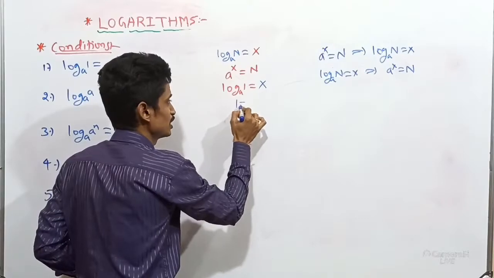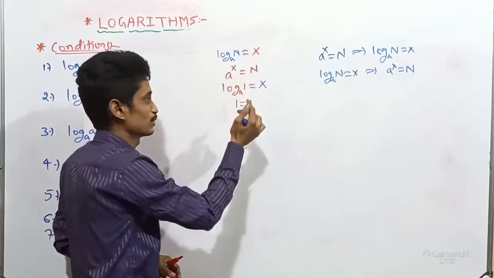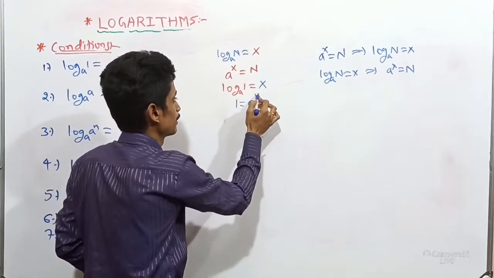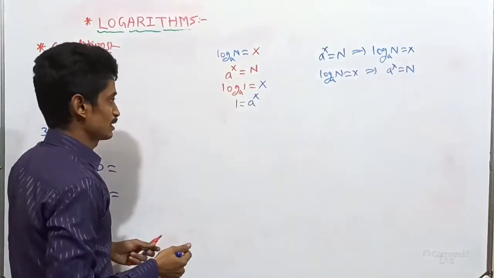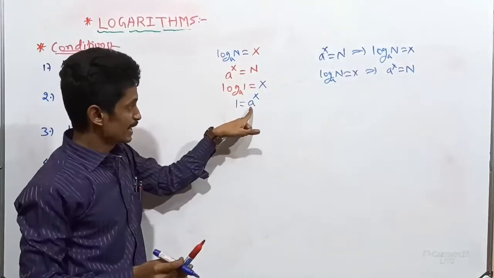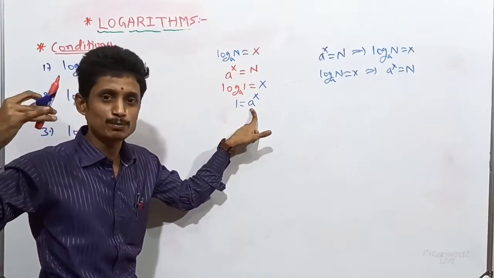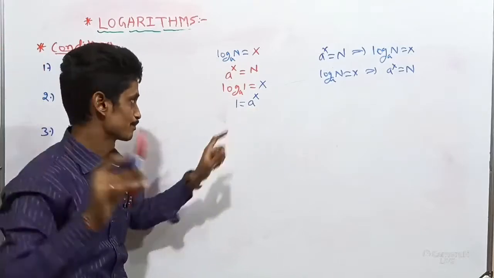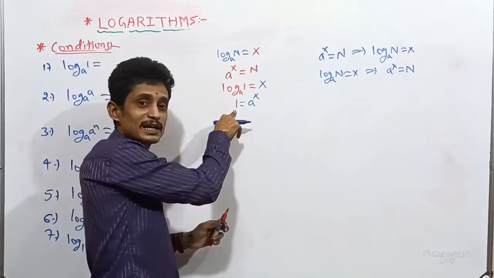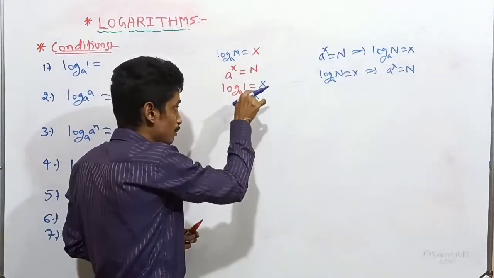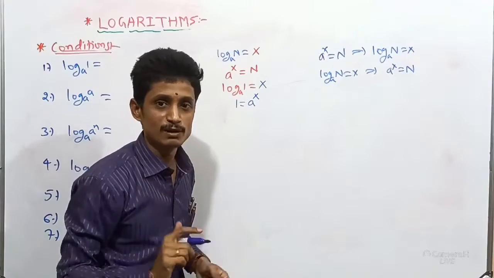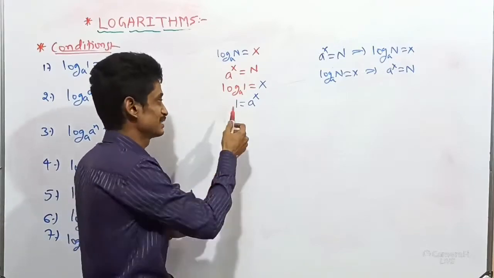So this is equal to a power x. Now tell me, the base is some positive real number, any positive real number you can fill. The answer is already 1. For what power of x will your answer be 1? Of course, this is very simple.